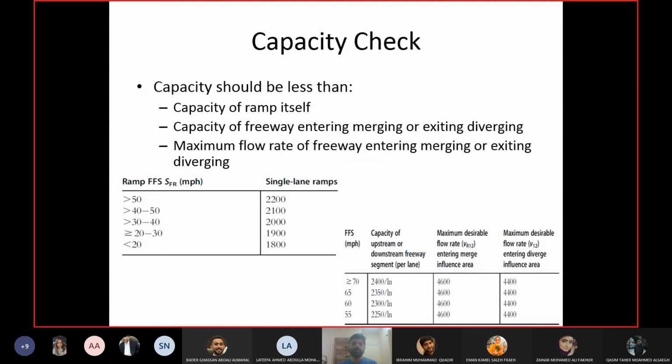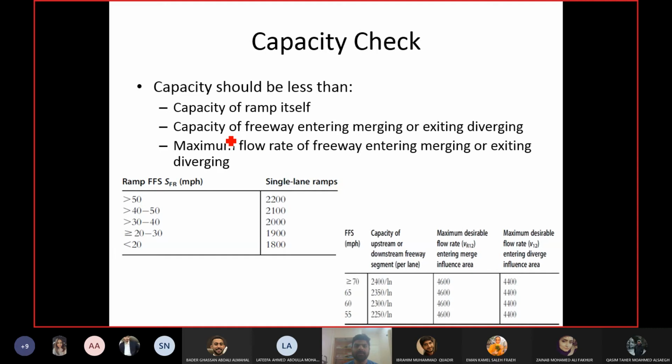Okay, then the capacity of the merge or the diverge area. Again, we have three checks here. Whatever capacity you calculate should be less than the capacity of the ramp.